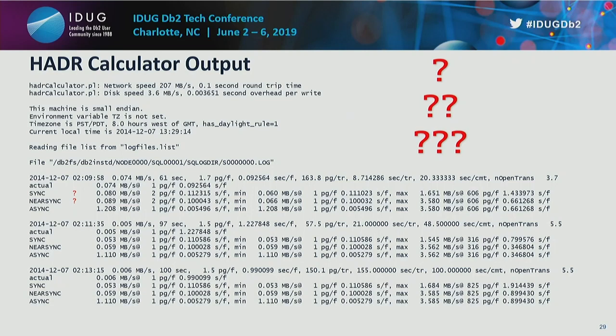When I was doing this test and playing with it to get this output, I actually had to tweak my network and disk settings way down from where they were in order to even get the question marks. So, it'll give it to you based on the numbers that you plug into it. I've got a great set of blog articles out there on these tools that'll walk you through. This is how to run this tool. This is what the output looks like. This is how you feed it into the other tool, and all the details on these.